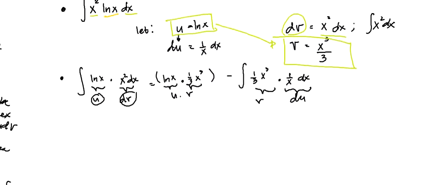The v is 1/3 x cubed multiplied by du, which is 1/x dx. From here we can now simplify our answer.